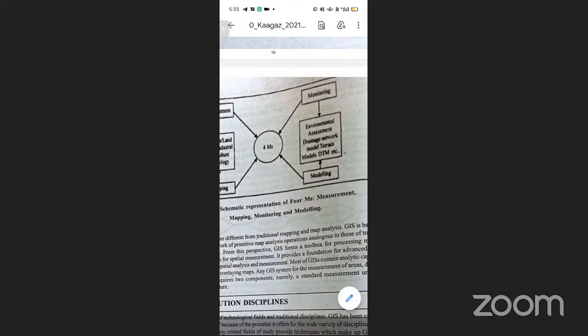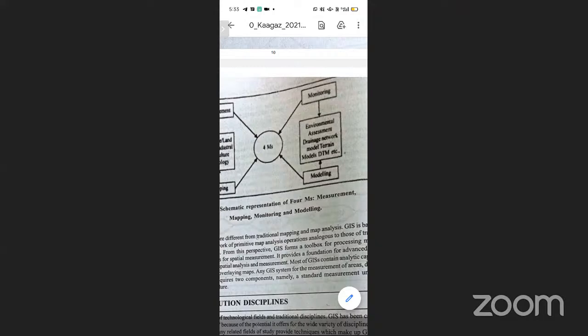It is related to many fields and provides many techniques. GIS is related to geography, cartography, CAD, computer software, and automated cartography. It is also associated with statistics and mathematics, surveying, photogrammetry, digital photogrammetry, and finally it is closely associated with remote sensing technology.